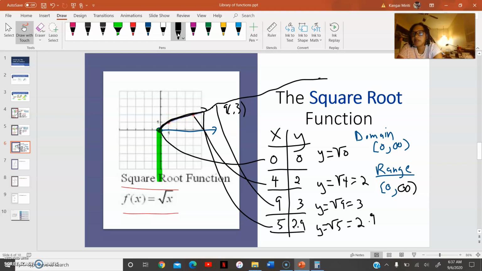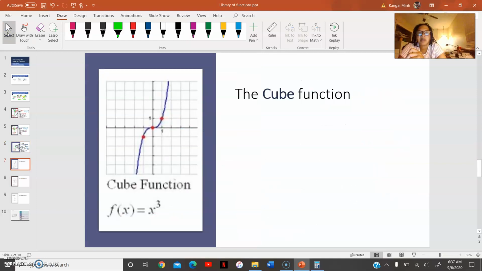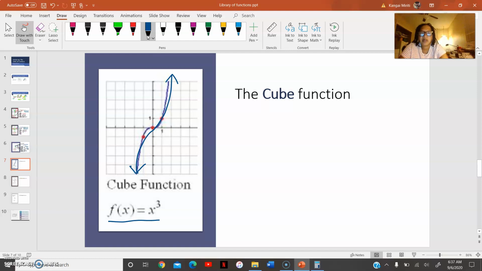Okay, what's the next function that we want to get to know? The next one here is called the cube function. And the cube function looks like a little snake going like this. It goes forever. Here's the equation for the cube function, and we could write it in xy form.